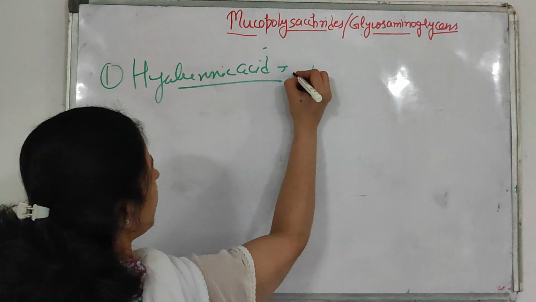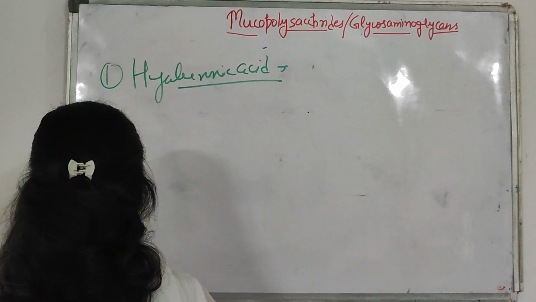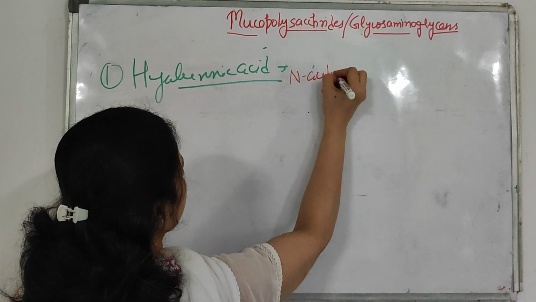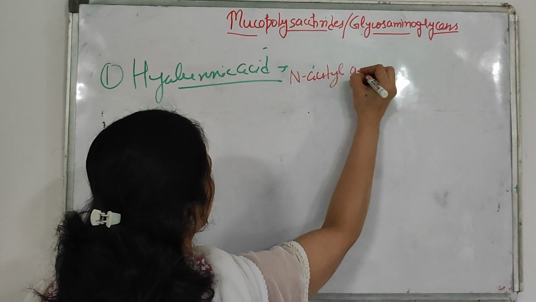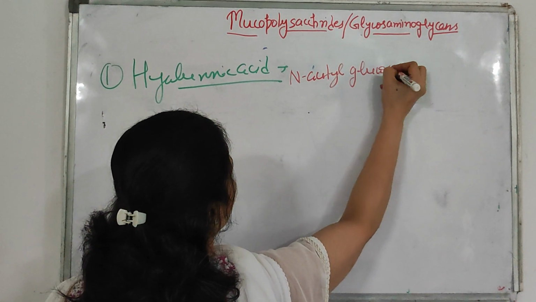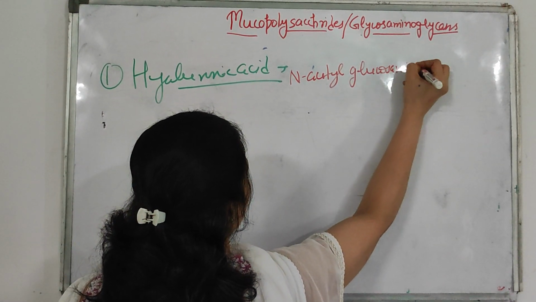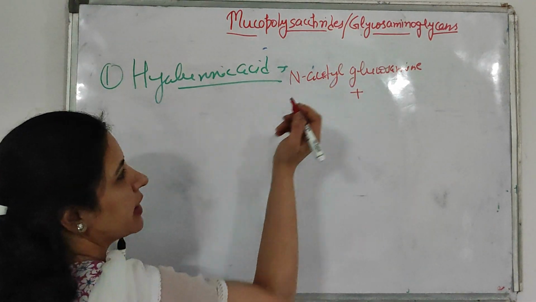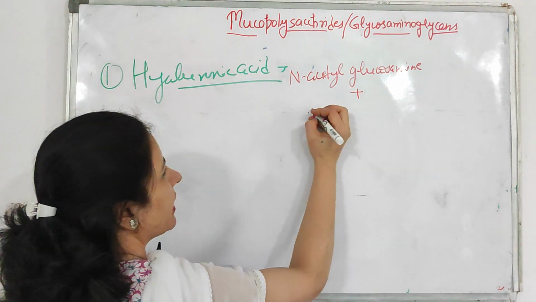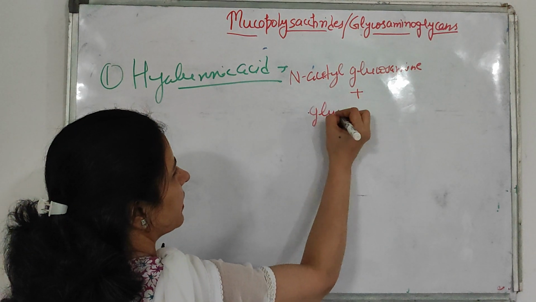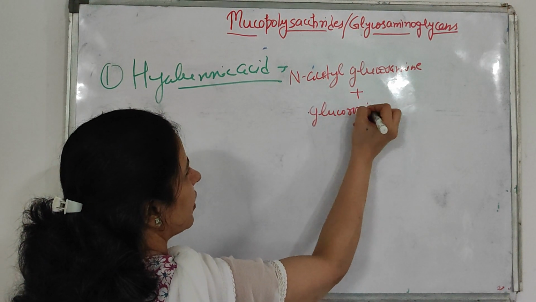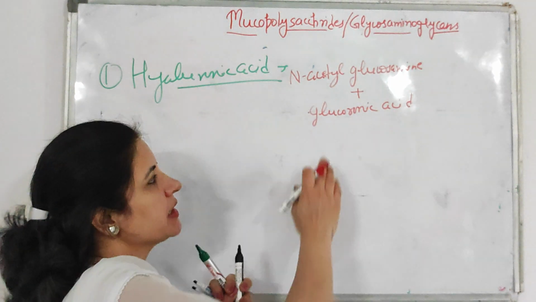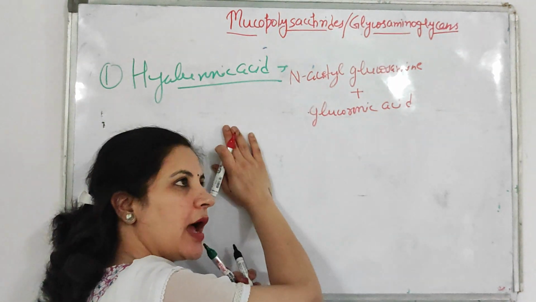It is made up of N-acetyl glucosamine. Hyaluronic acid is made up of the amino sugar N-acetyl glucosamine and glucuronic acid.